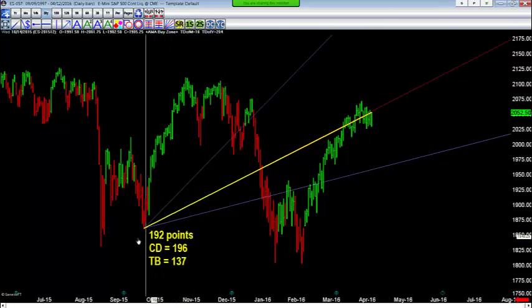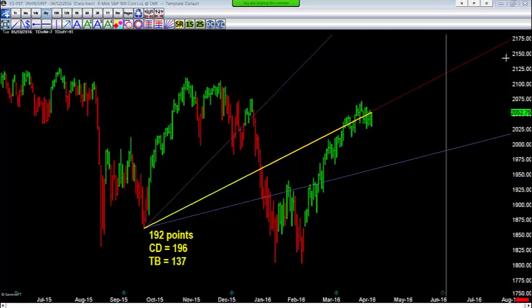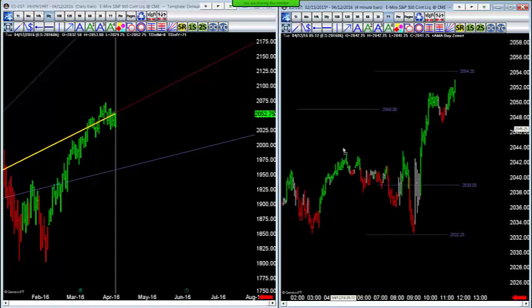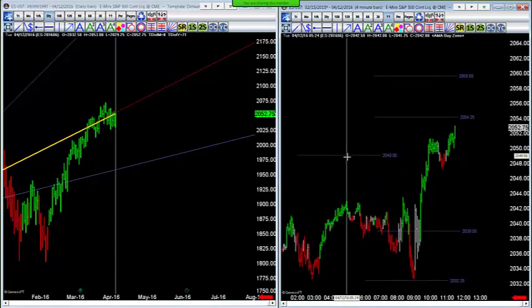So 1 to 1, you don't have to do any dividing or nothing. It's calendar days, 196. 1861 is the price, plus 196, and I get 2057. Piece of cake. 2057. It's going to be up here.